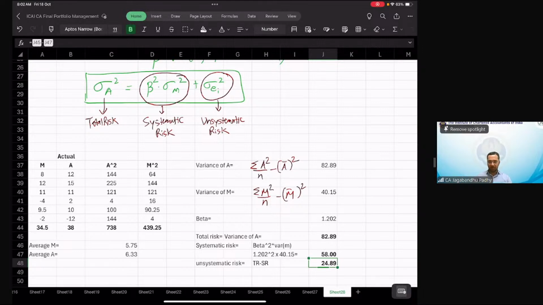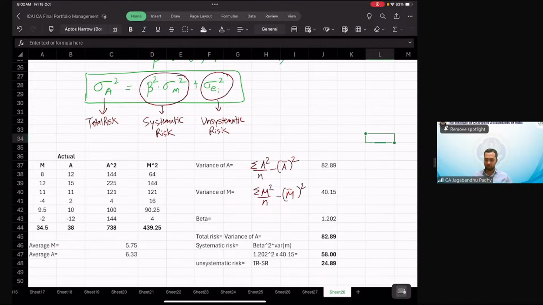Is it clear, everyone? How do we break the systematic and unsystematic risk from the total risk? And also, how do we form a regression line? Correct, guys? Perfect. So that is about this particular Sharpe single index model.